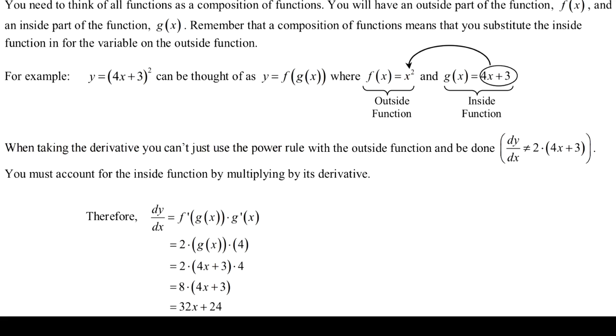So when you take a derivative, you're going to be multiplying the derivative of the outside part, and the derivative of the outside part is going to be 2 times the inside part raised to the first power times the derivative of the inside part. Well, that's going to take us down to 2 times the 4x plus 3 times the 4, which is 8, giving us 32x plus 24.